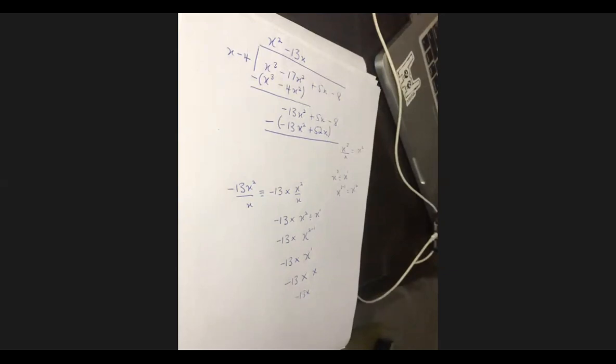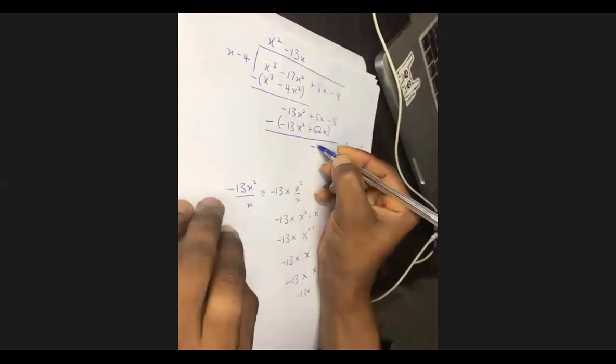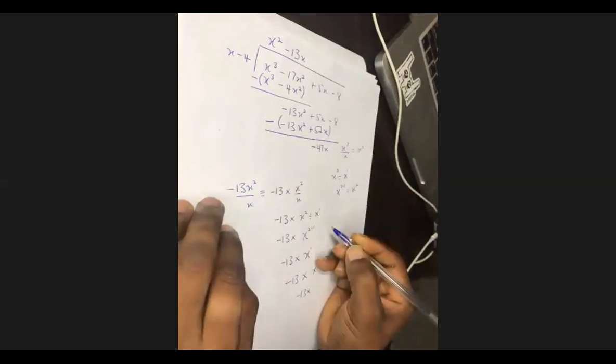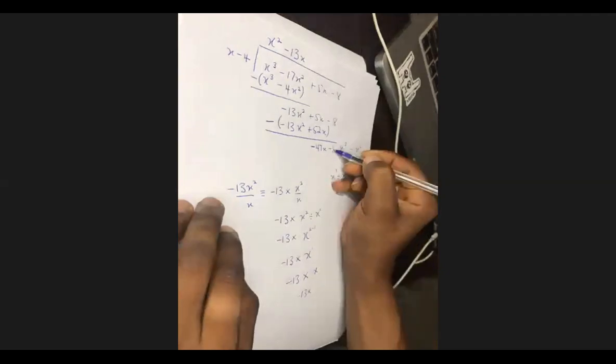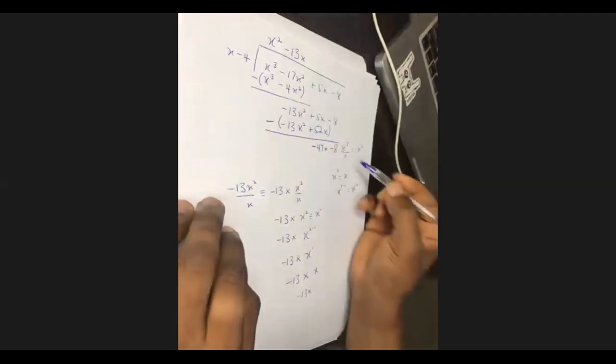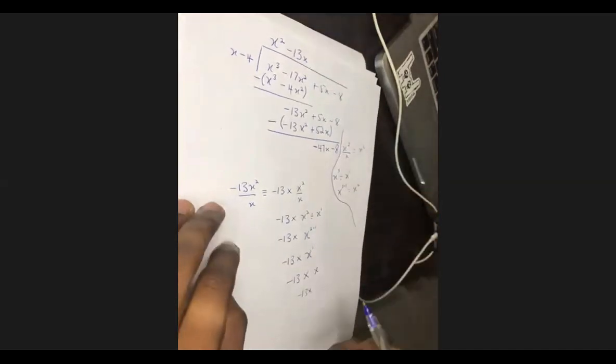Negative 47x. Good. So negative 47x, and then I just bring my negative 8. Very, very simple.